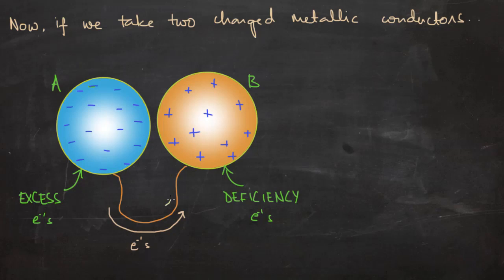It would move from B to A. This is my electric current. We say that an excess of electrons is at a lower potential, while a deficiency of electrons, which is causing a net positive charge, is at a higher potential.